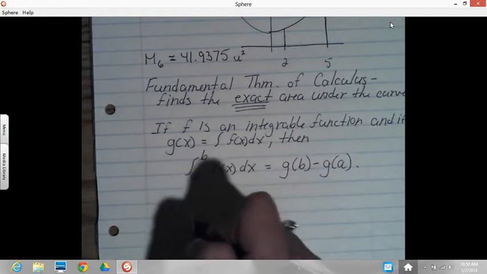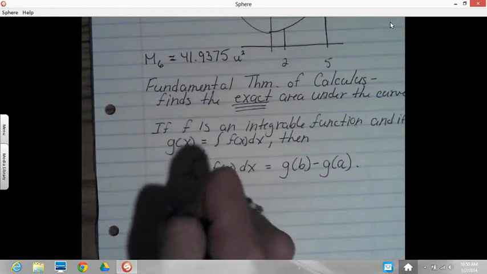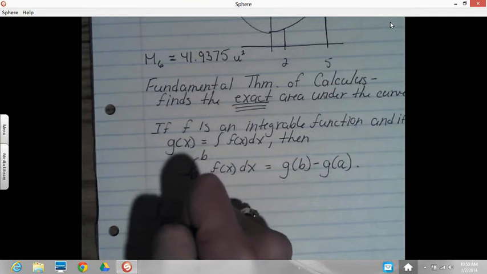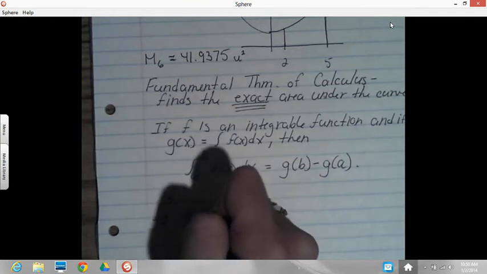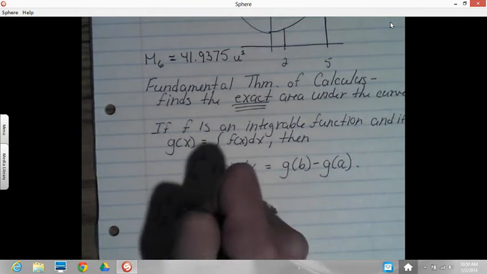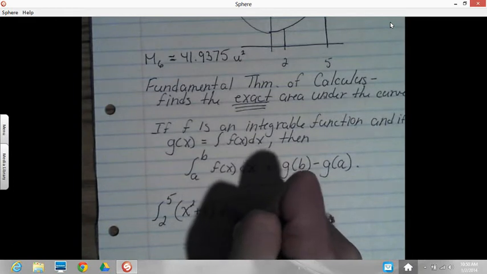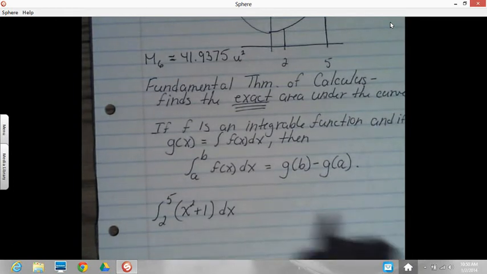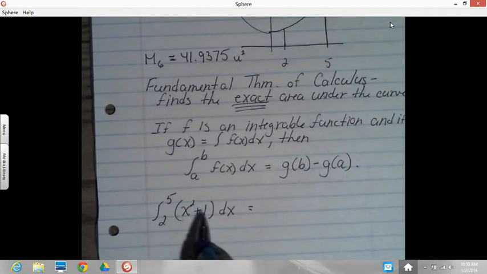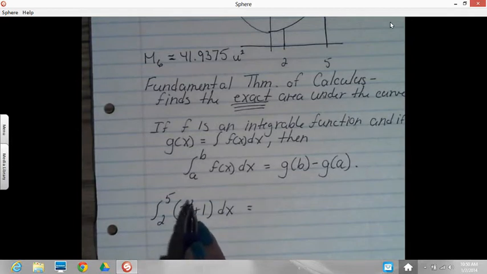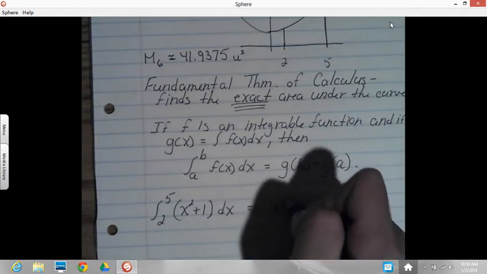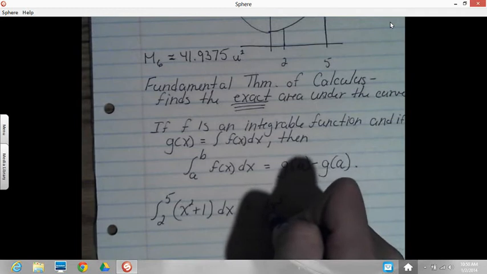So it's a redo here, so I'll just rewrite it. From 2 to 5, x squared plus 1 dx. So the first thing we have to do is do the antiderivative. Remember, there's no inside here. We just do each term separately. So we do a little power rule. We're going to add 1 to the exponent times the reciprocal.